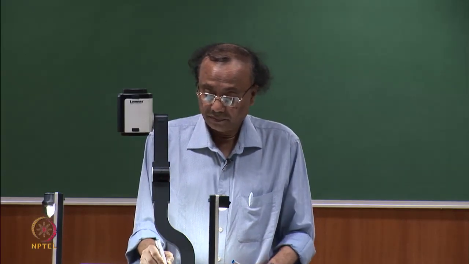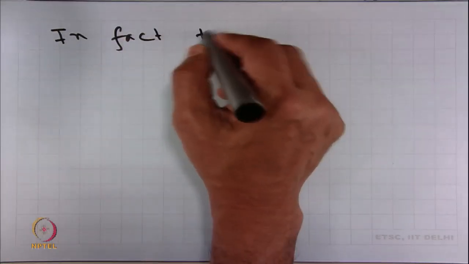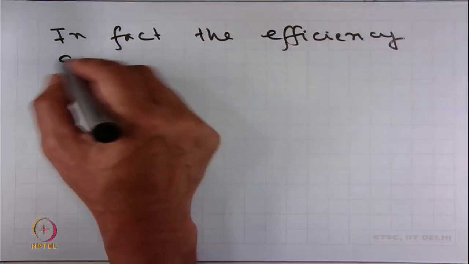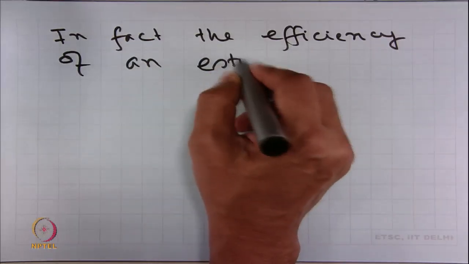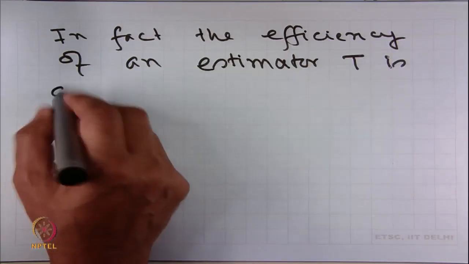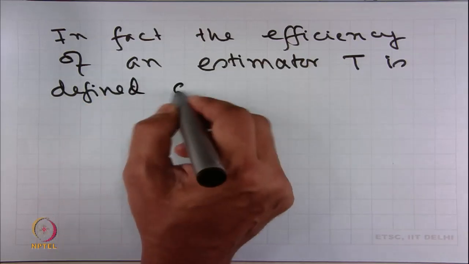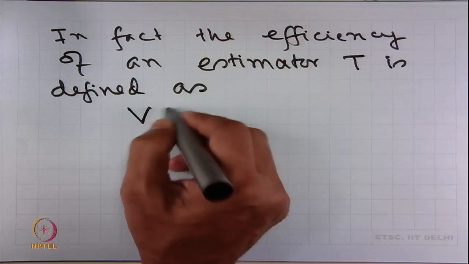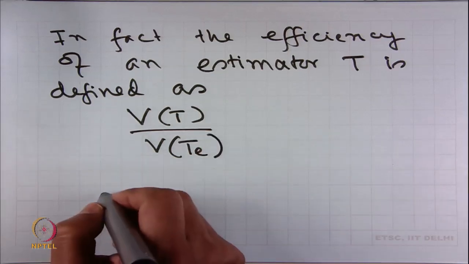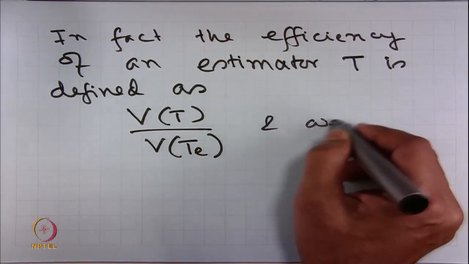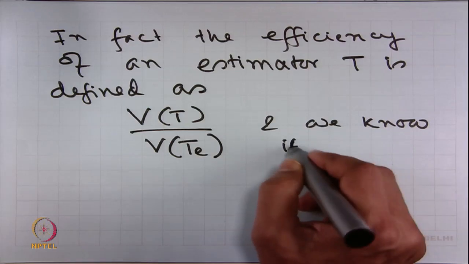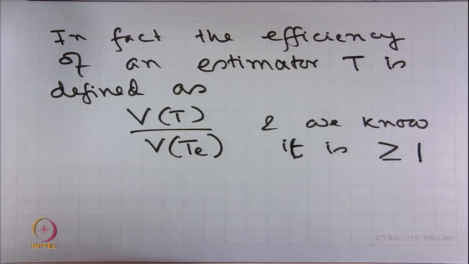In fact, the efficiency of an estimator T is defined as variance of T divided by variance of Te, and we know it is greater than or equal to 1.